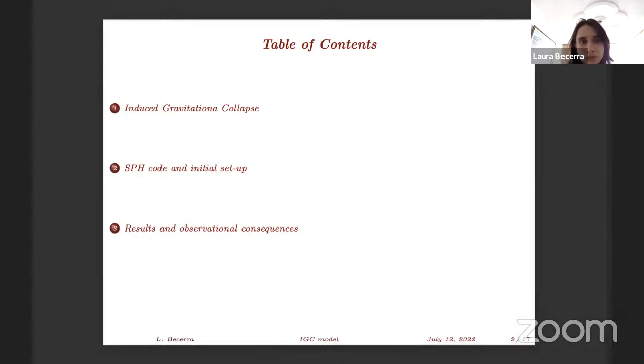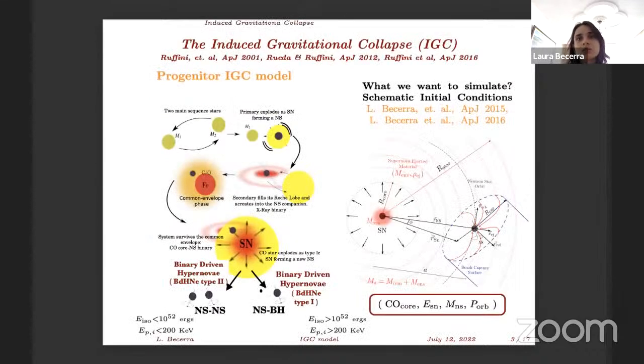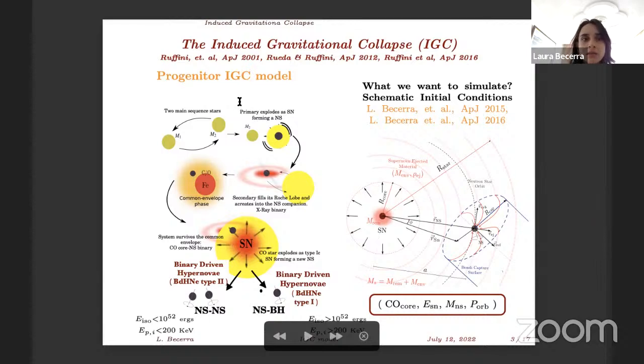obtain with the simulation. The induced gravitational collapse model was introduced to point to a binary origin for GRBs, the long GRBs associated with supernovae of type Ib/c. The progenitor of this model is a binary of two main sequence stars.